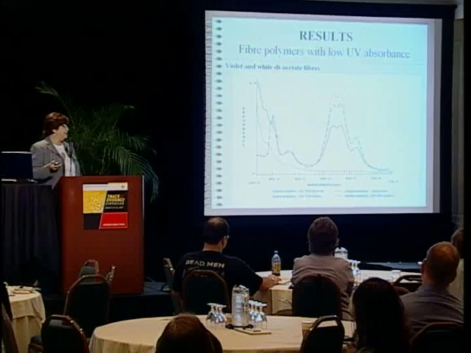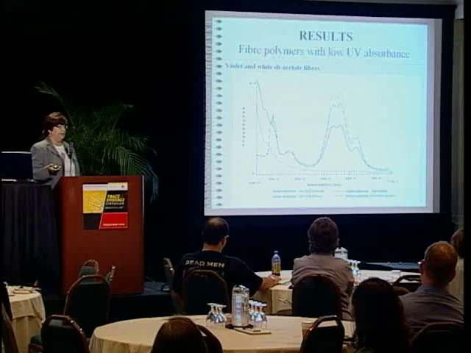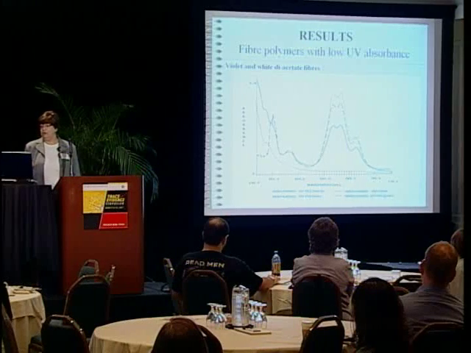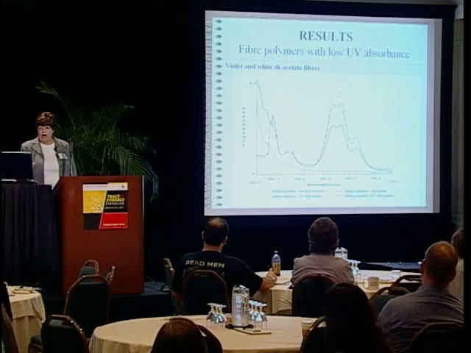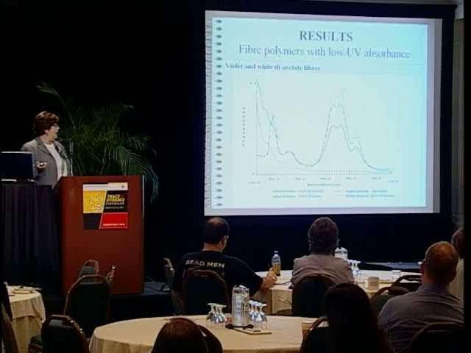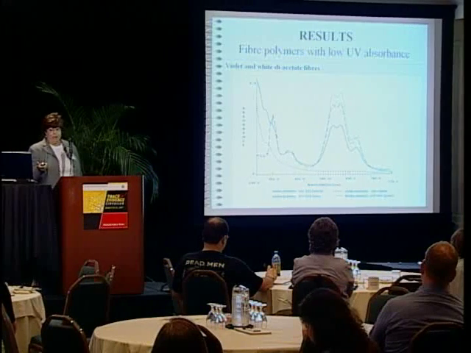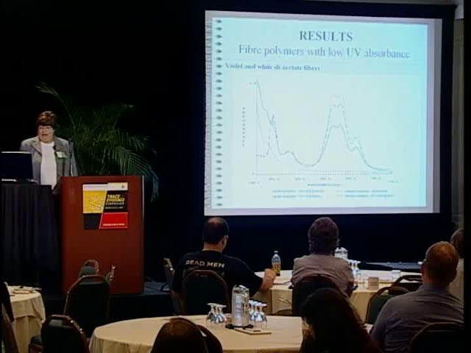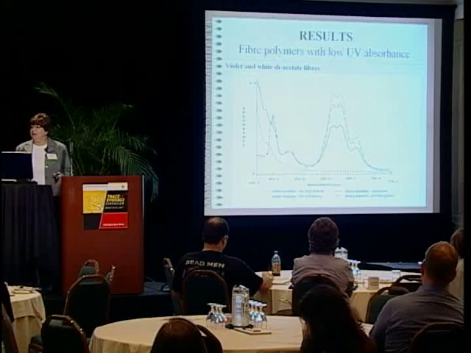Next, we're looking at a fiber that would fall within the moderate to low ultraviolet absorbance. Within this range, we noted that in looking at fibers that have a low absorption below 300 nanometers, there was a little bit of a problem interpreting the spectra for the colored fibers.